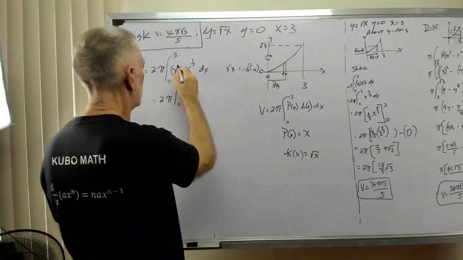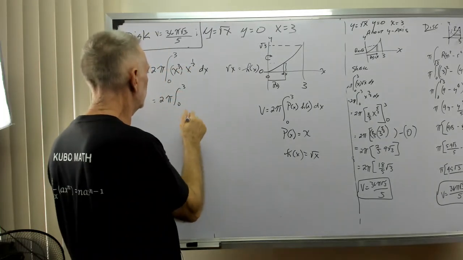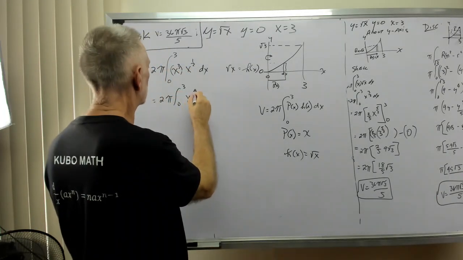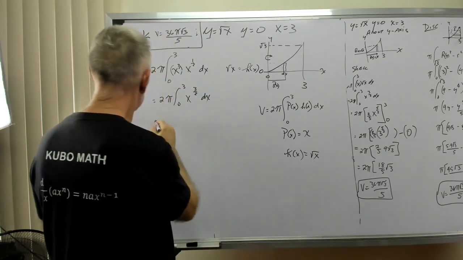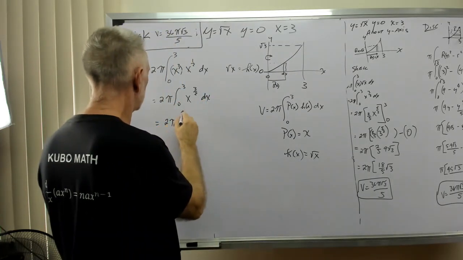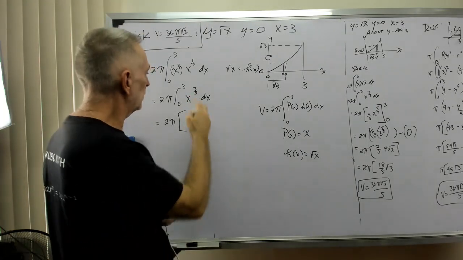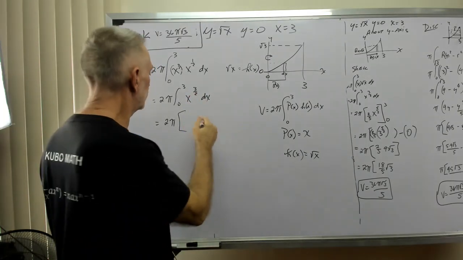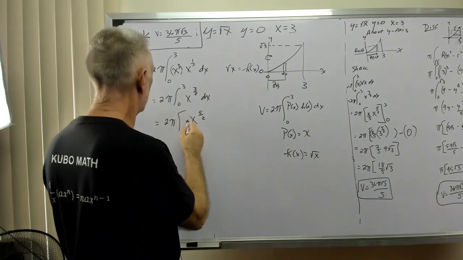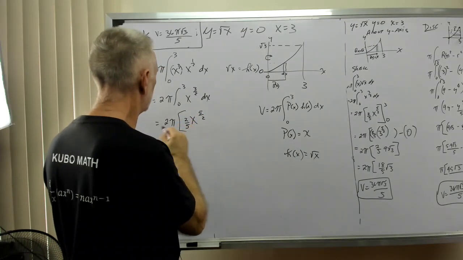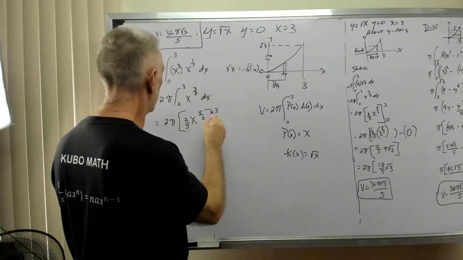X to the first power is x to the 2 over 2, so I can add these together, which is x to the 3/2 dx. And that equals 2 pi. So let's go ahead and integrate. 3/2 plus 1 would be 3/2 plus 2 over 2, which is 5/2, divided by 5/2, which means I multiply by 2/5, and that's from 0 to 3.